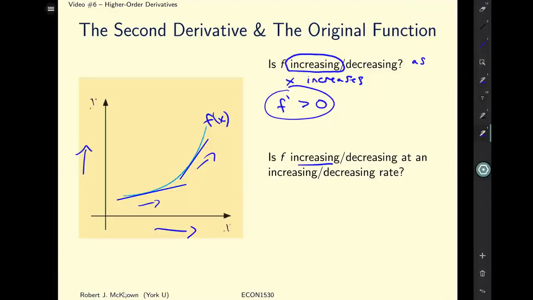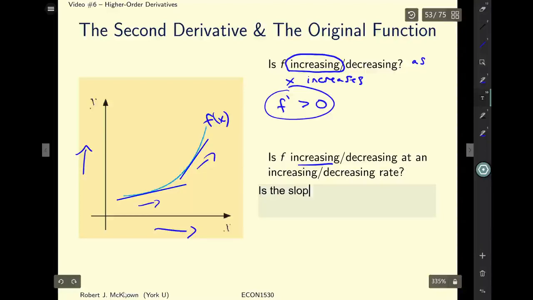And is it increasing at an increasing rate or a decreasing rate? Is the slope becoming steeper or more shallow?